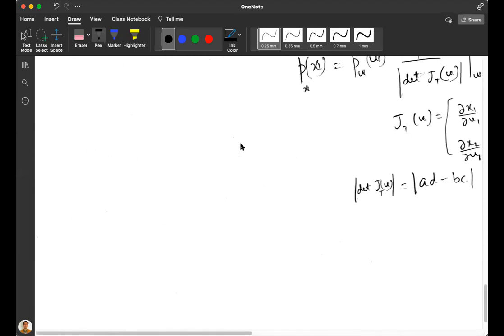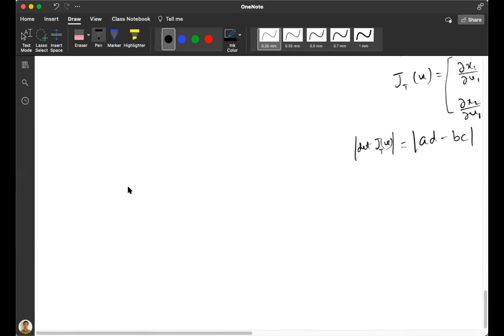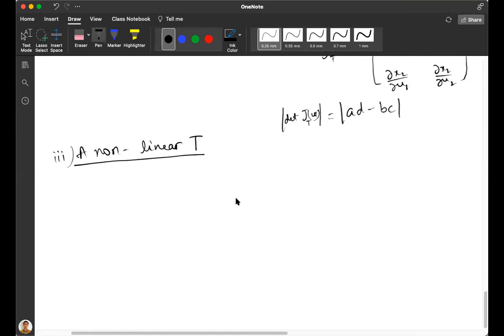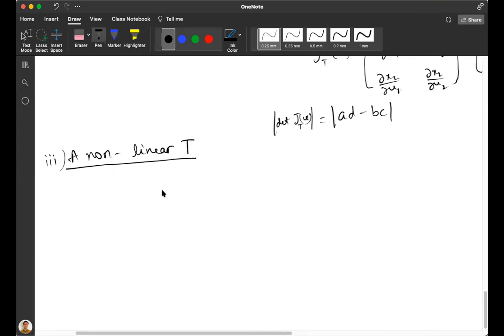So there is one mapping defined like this. I will define it for a non-linear transformation. I will define it for 2D, but it can be extended to higher dimensions also without much difficulty. So pay attention here. I want to go from U to X, where U is a vector, X is a vector.